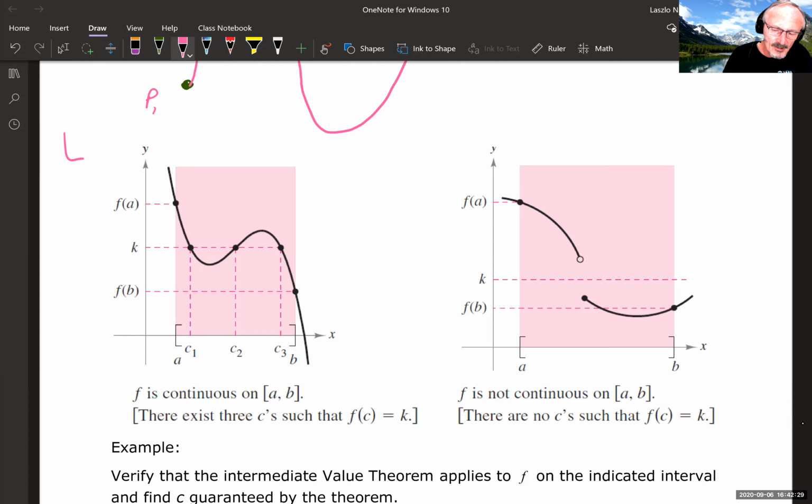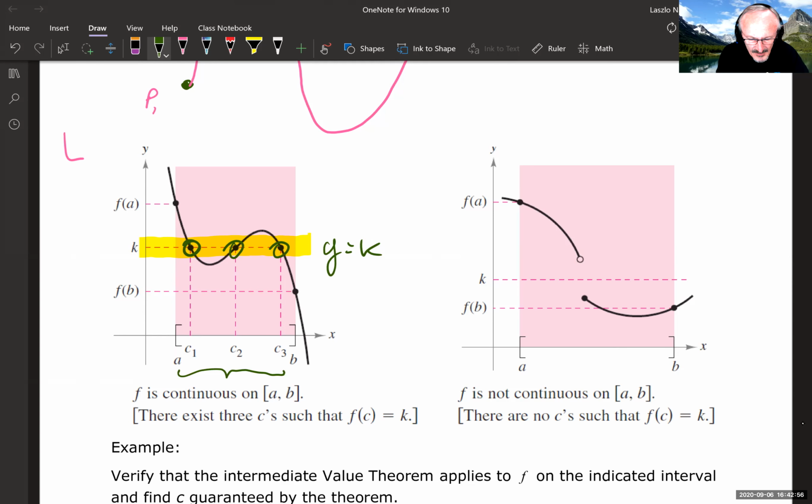Just to make sure that we're looking at the same thing, we have y equals k right here, this horizontal line, y equals k. And that quantity is reached at 3 different locations inside the interval a through b.